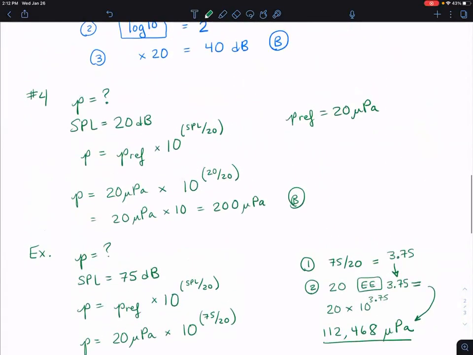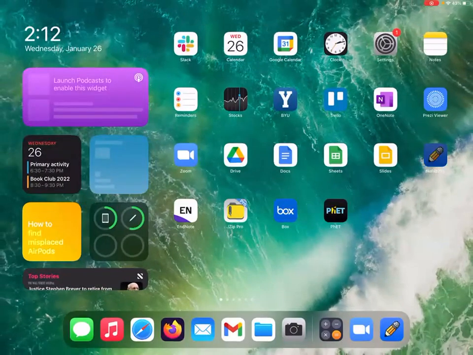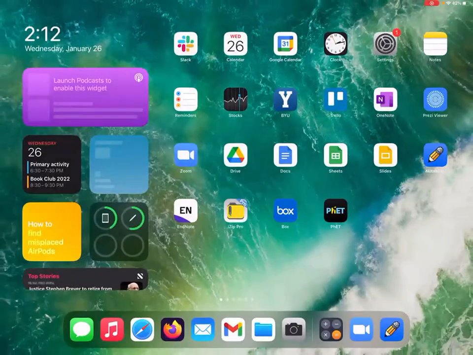I'm going to do it again up here for this one, just so that you can see what the EE button is really doing. So I'm going to take this equation here, and on the calculator, step 1 was 20 divided by 20 equals 1. And step 2 is 20 EE 1. Let's just make sure that really gives us times 10 like we expect.